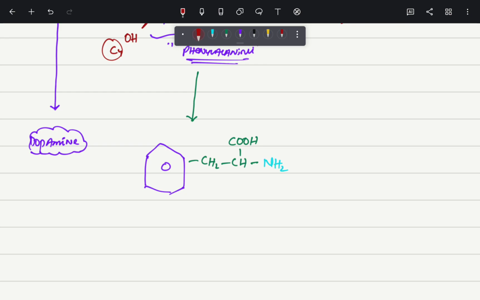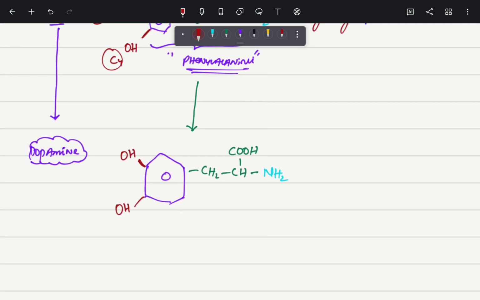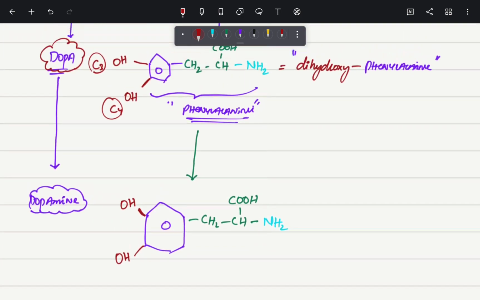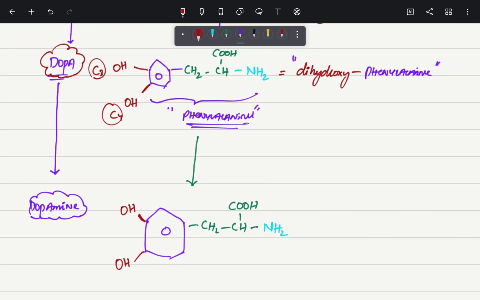And dopa was having hydroxylation at carbon number 3 and carbon number 4. Now the important thing is that whenever dopa is converted into dopamine, during this step, carbon dioxide is kicked out from the reaction.